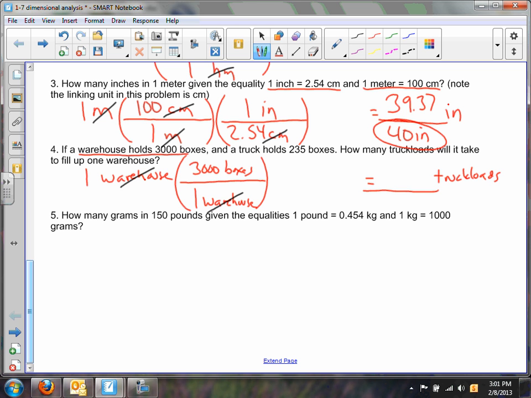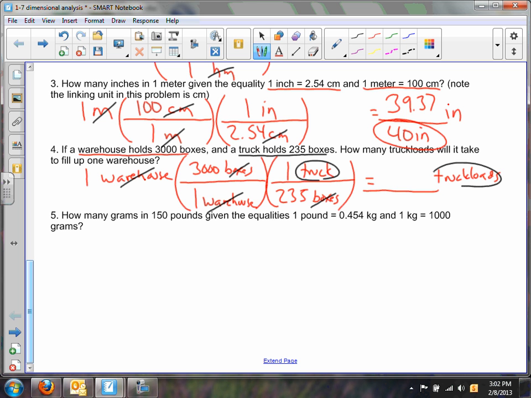Warehouses are gone. How do I get rid of boxes? Well, it tells me a truck holds 235 boxes. So in this case, the 235 boxes has to go in the denominator so that they will cancel out boxes there. I'm left with trucks.